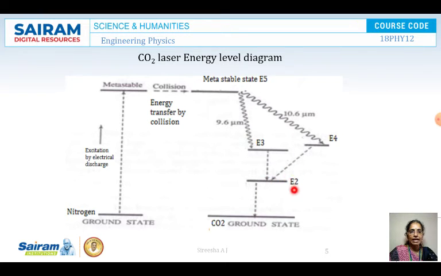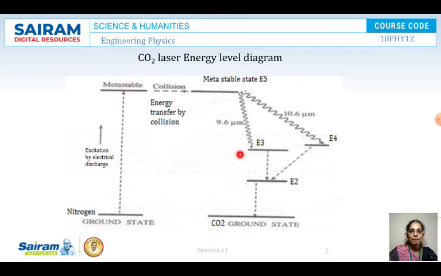Helium gas acts like a security: as the number of atoms keeps increasing, helium pushes these atoms down to the ground state, so the number of atoms in the E2 level is reduced.